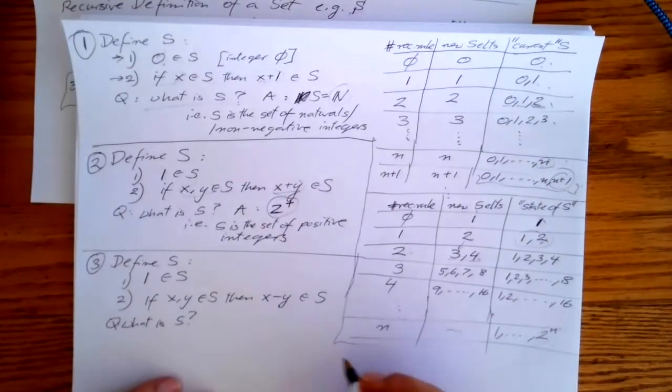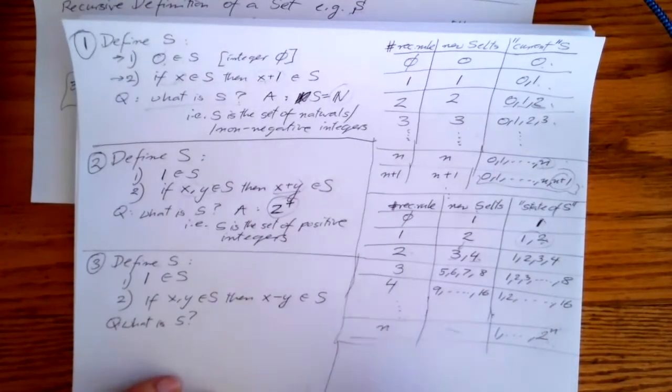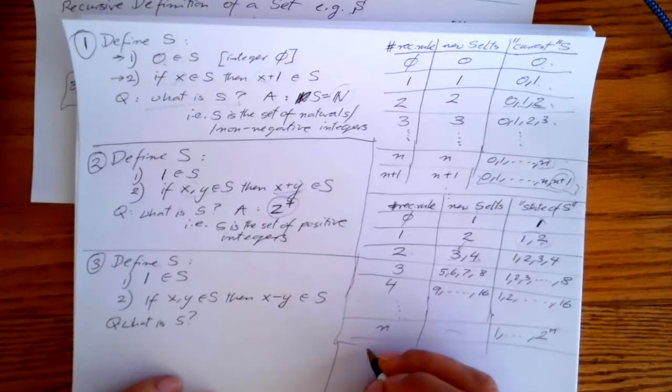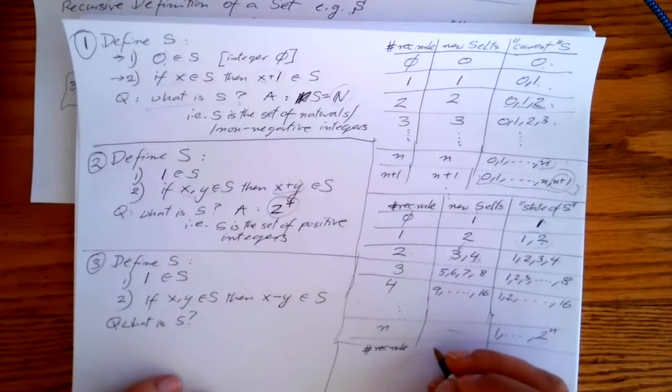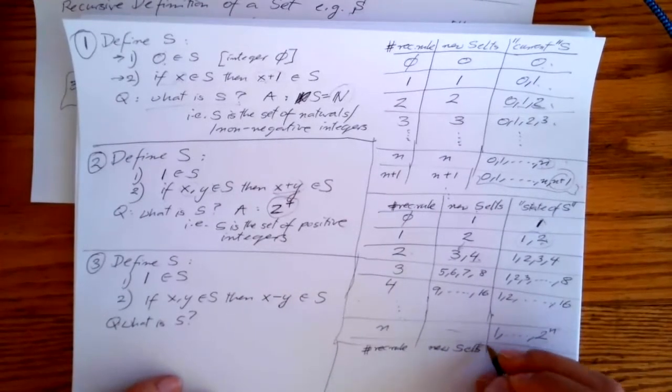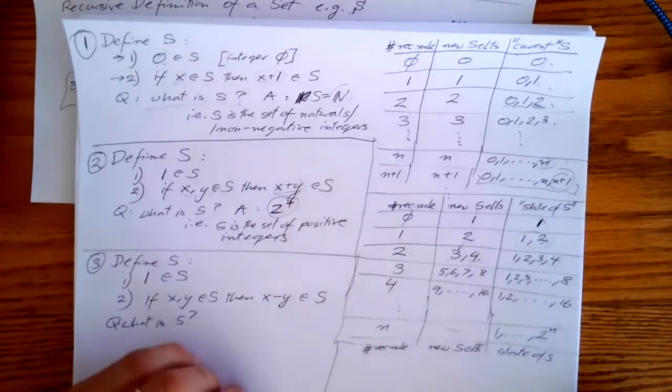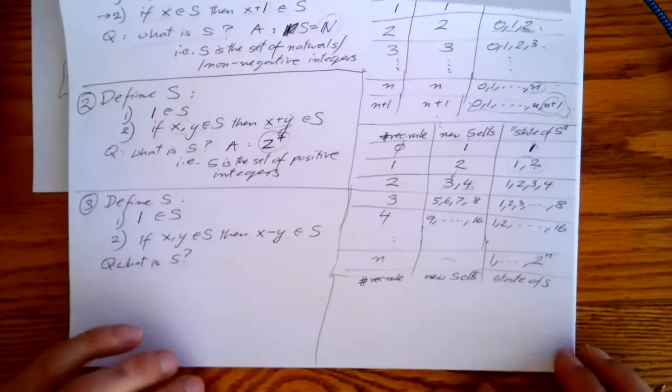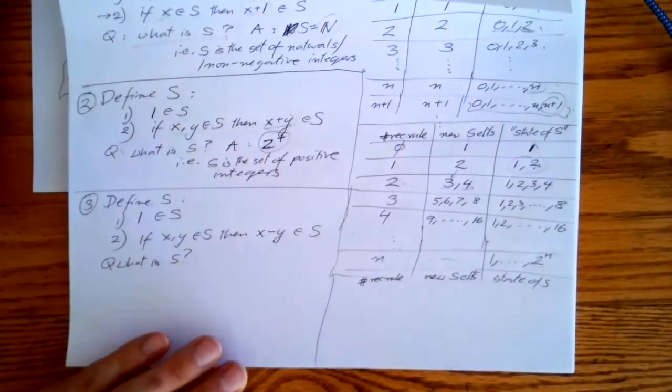Well, let's see. So here we have the number of recursive rules used, new S elements, and state of S.